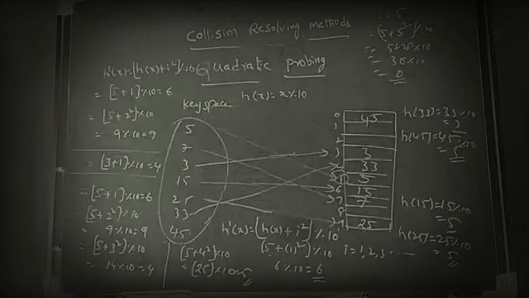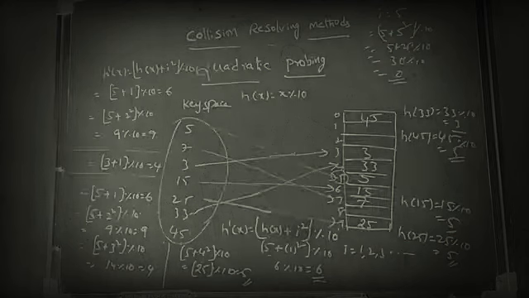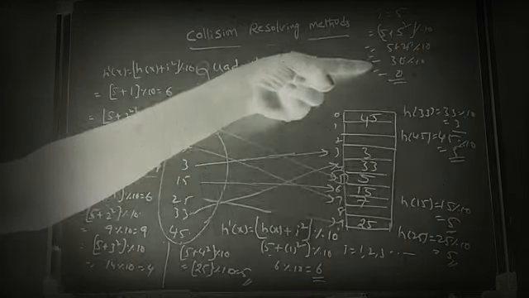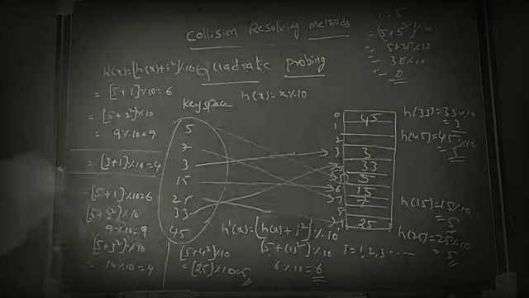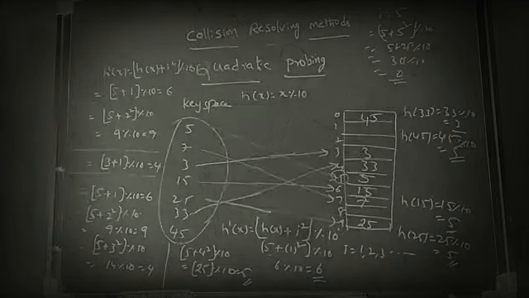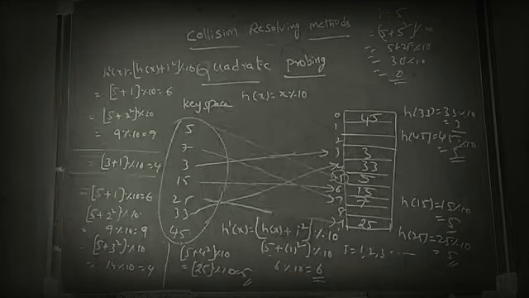The searching follows the same process to find the element. Deletion also applies the same formula. We can find the particular position where 45 is stored and remove it. So this is the second collision resolution method in closed hashing. Next, the last method, double hashing, we will discuss.